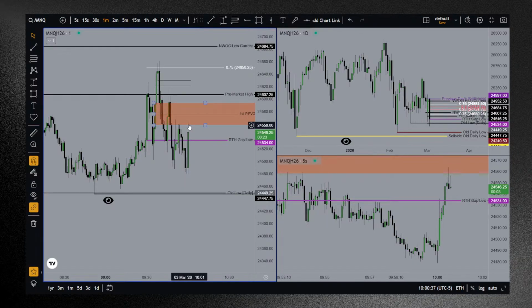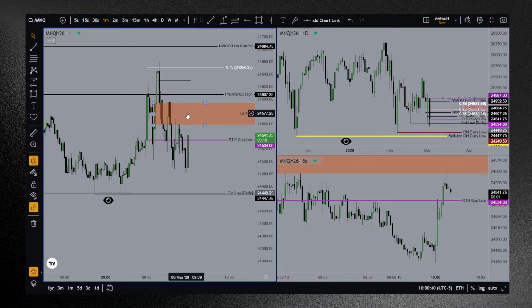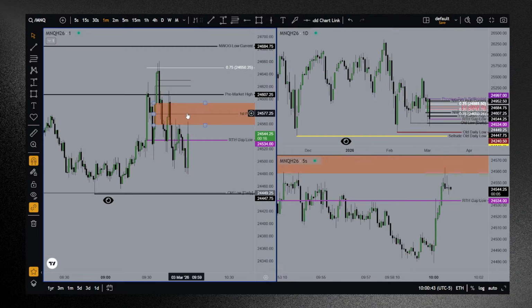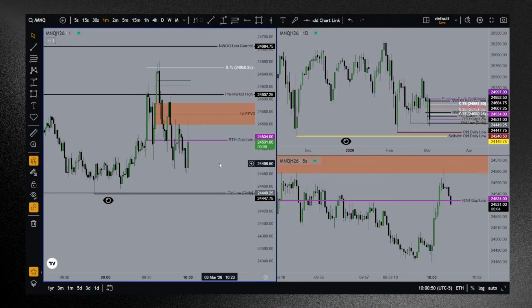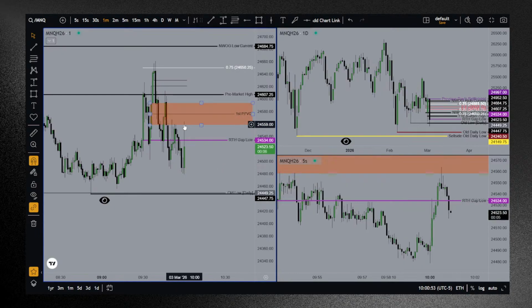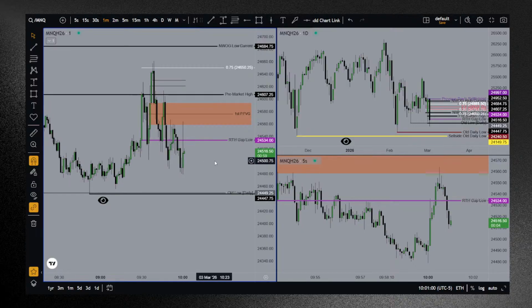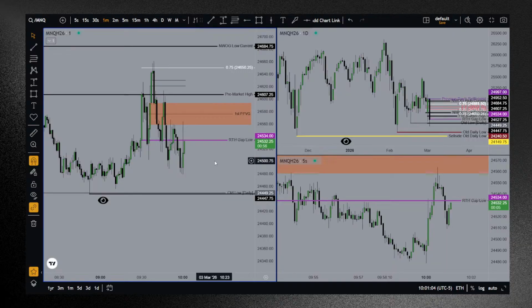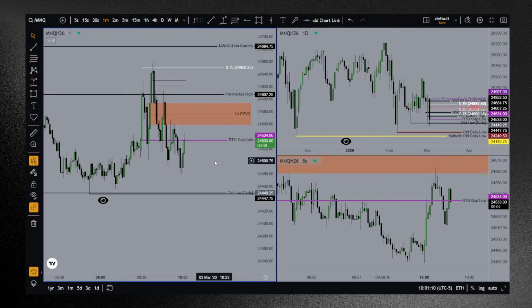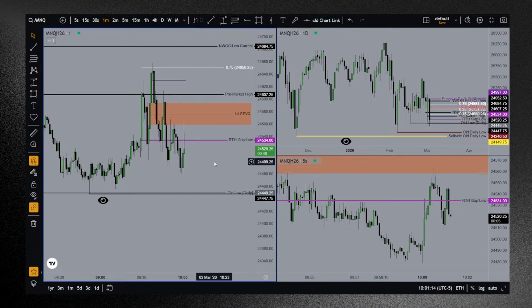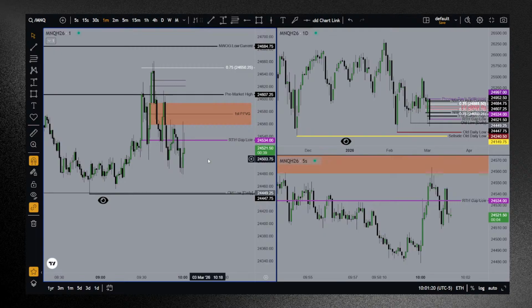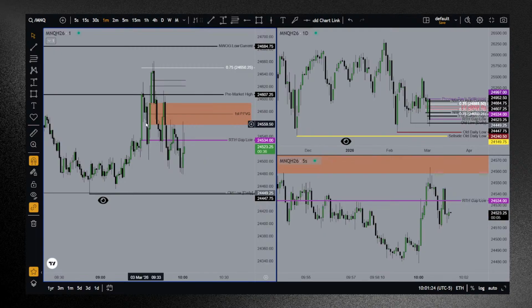Return back to the first presentation. It's looking heavy, but at the same time it's kind of being held.